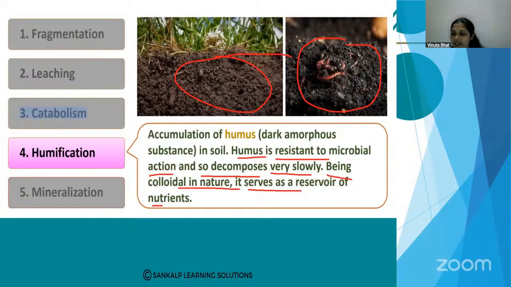It is very rich in nutrients. So we see this in the process of humification, the accumulation of humus. That is the fourth step in decomposition.